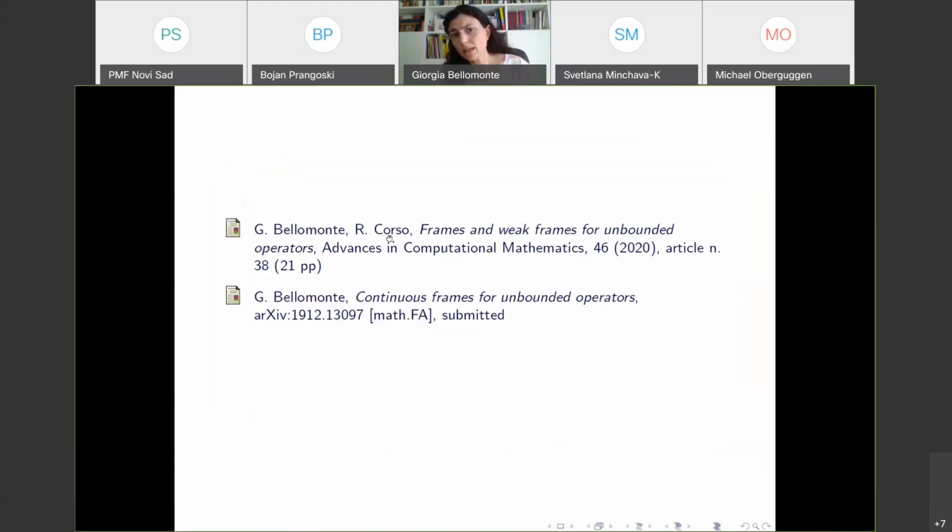So a colleague of mine, Rosario Corso, and I extended, in a discrete framework, those two notions of atomic system for a bounded operator and K-frame to unbounded operators, and then I did the same work in a continuous framework.